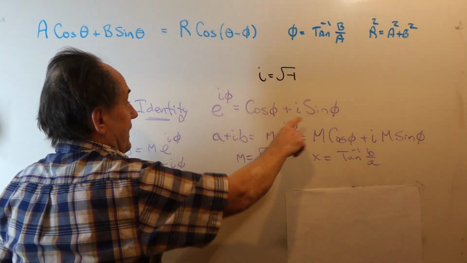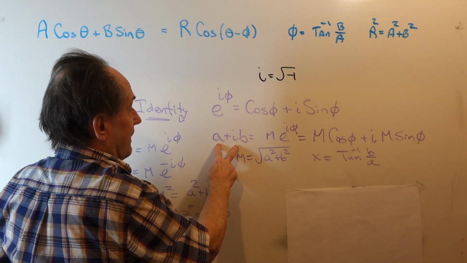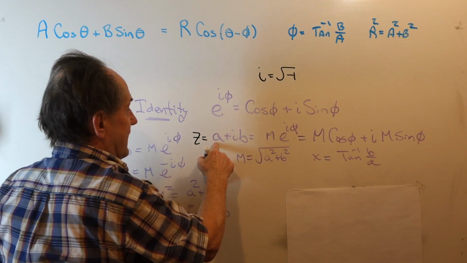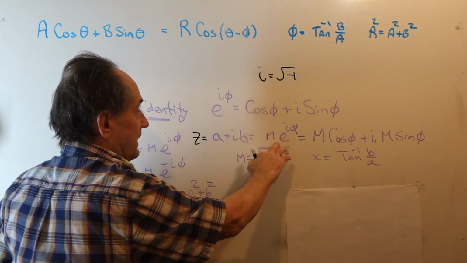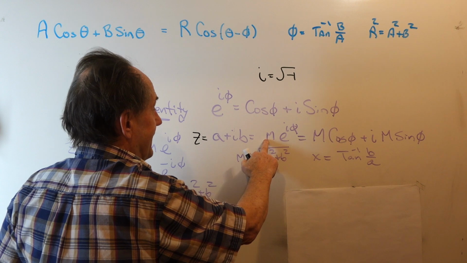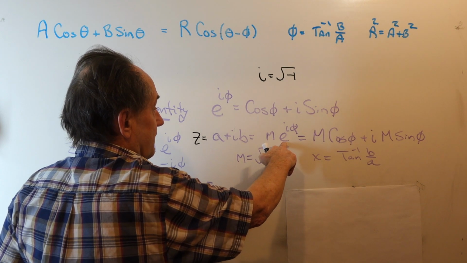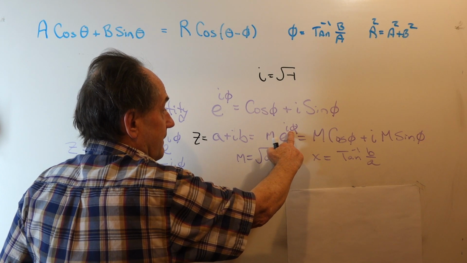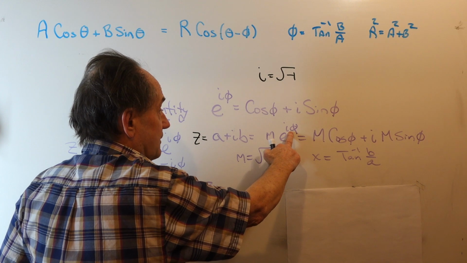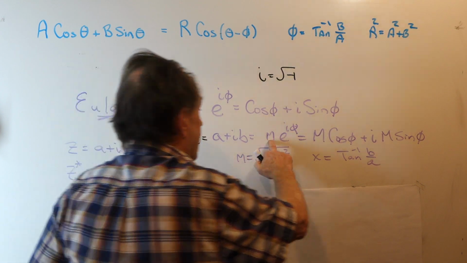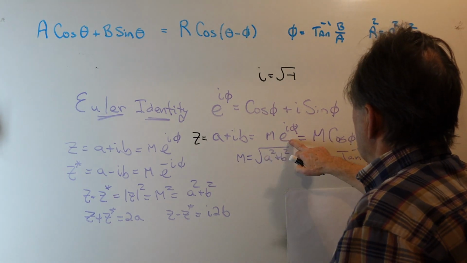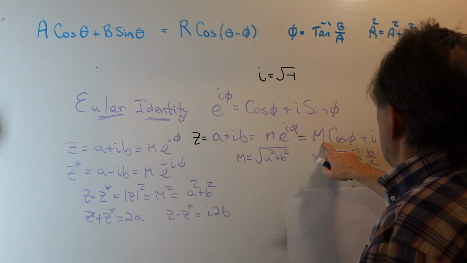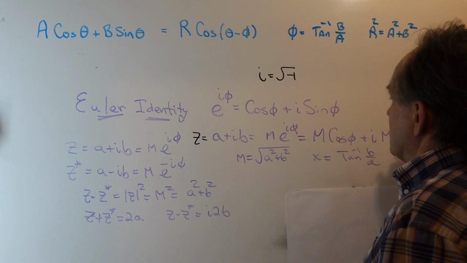Now, another way we can write this is if we have a complex number z, call it, which is a plus ib, this can be written in exponential or what we call polar form, where we have a magnitude times an exponential raised to an imaginary number at some phase angle phi. M is the magnitude, so we can also write this using the Euler identity if we multiply through by M. M e to the i phi would be M cosine phi plus i M sine phi.